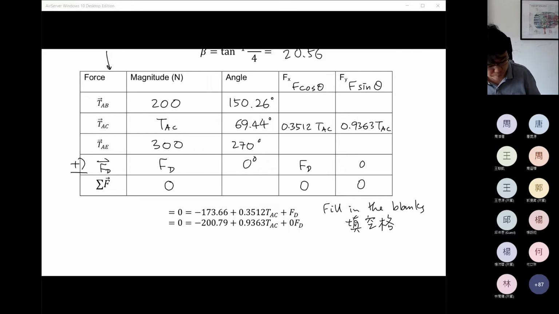Write these two down. The first equation is related to the x direction, and the second equation is due to the equilibrium in the y direction. So please write these two.